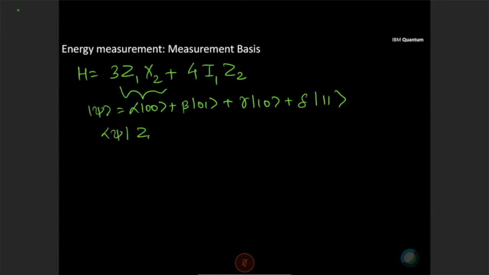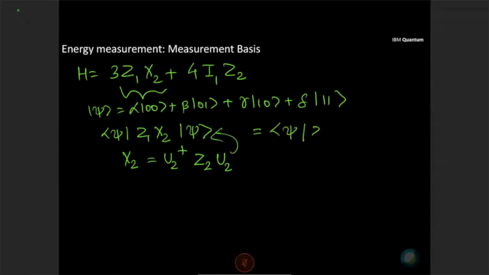So you essentially want this, but you have access to measurements in the Z basis. So you need to find some unitary which will transform X to Z. Okay, so if you plug this in here, what you basically get is... and just moving things around a bit.